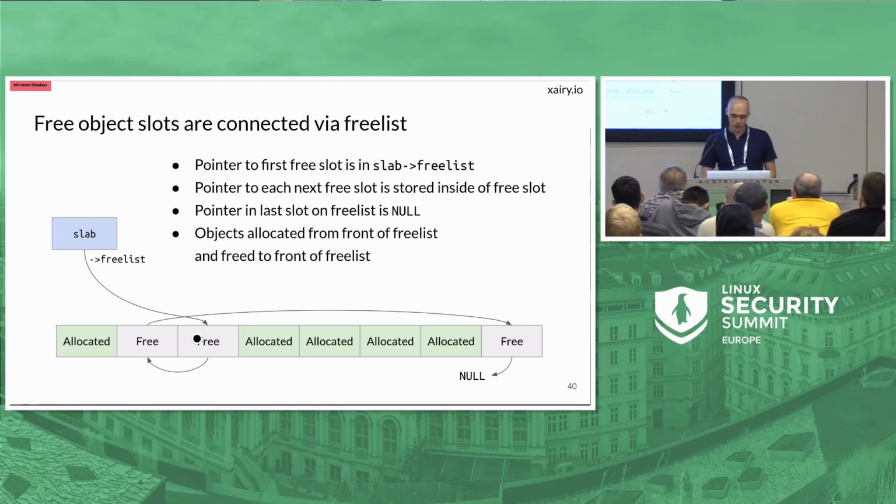So inside of this first free slot, we're going to have a pointer to the next free slot, inside of that free slot, a pointer to the next one, and once the free slots within the slab run out, the last pointer is null. This is how the SLUB allocator links all of the free slots within each slab. When the SLUB allocator decides to allocate objects from the slab, it's going to allocate them from the front of the list and also free them to the front of the list.